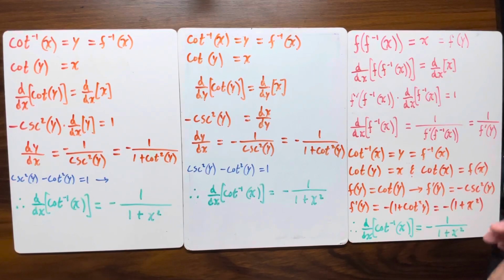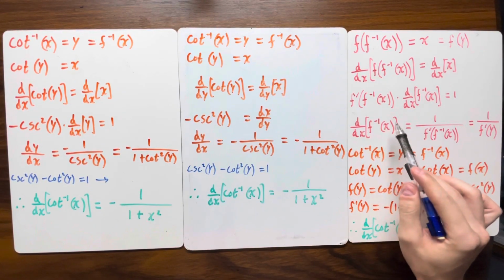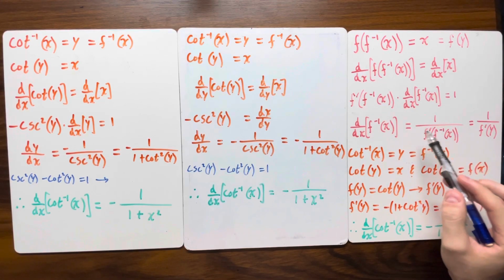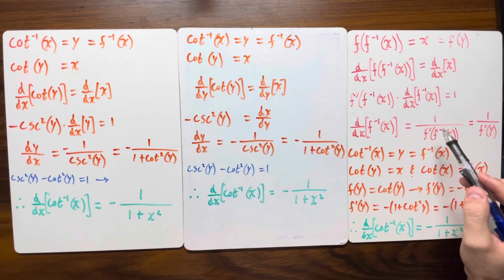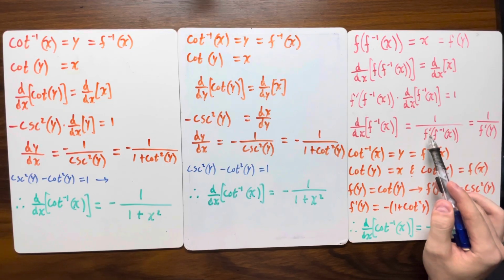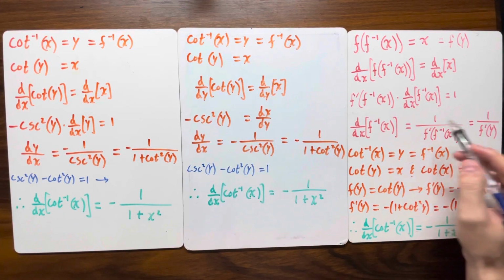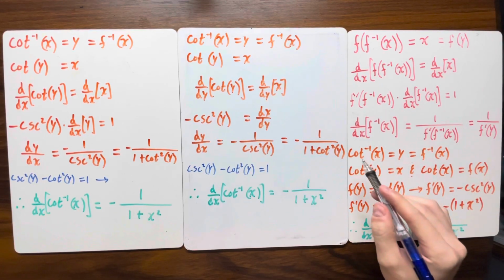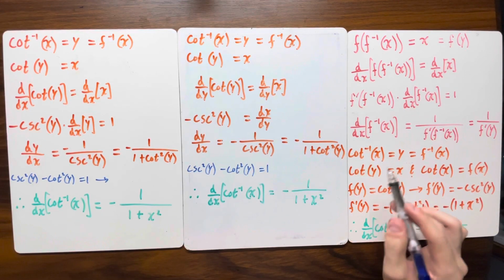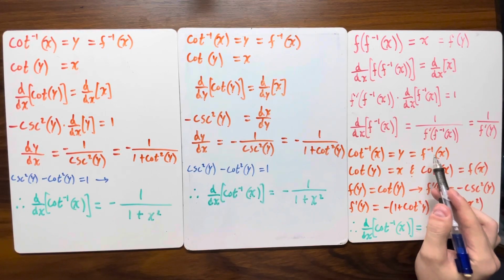Another way to do it is to use this theorem, or this formula. The derivative of some inverse function is just equal to 1 divided by the derivative of the original function of that inverse function. So let's try using this formula. So again, starting here, cotangent inverse of x is equal to y is equal to f inverse of x.